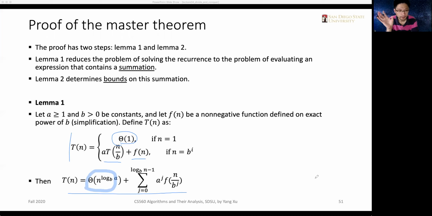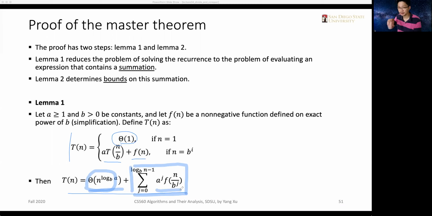So the first part is the polynomial function determined by logarithm base b of a. The second component here is a summation form of a kind of series, but we don't know what kind of series it is.